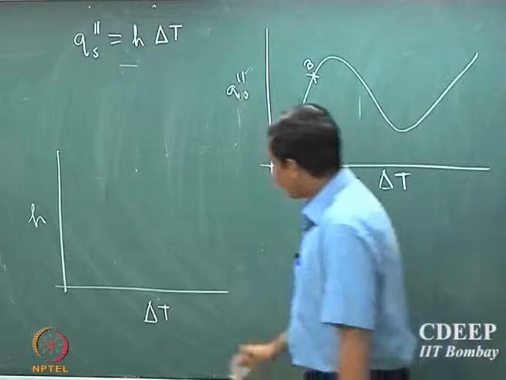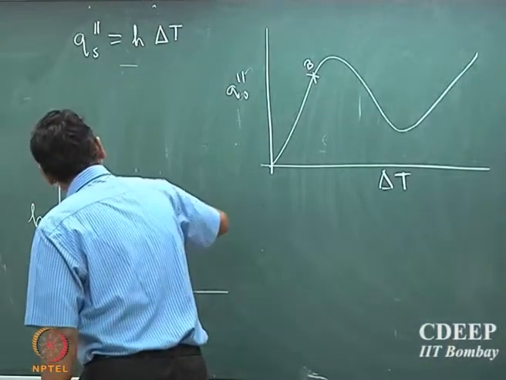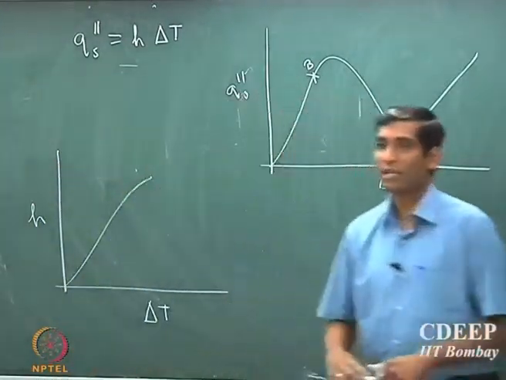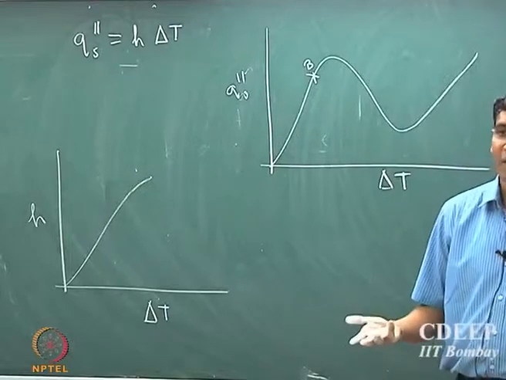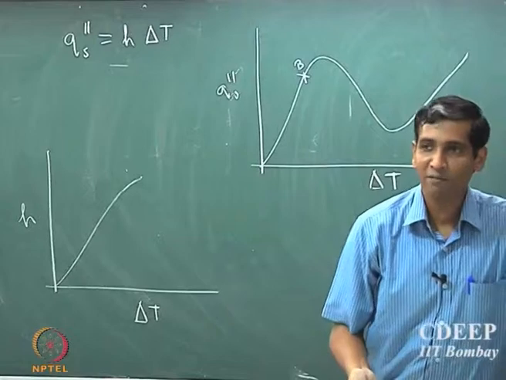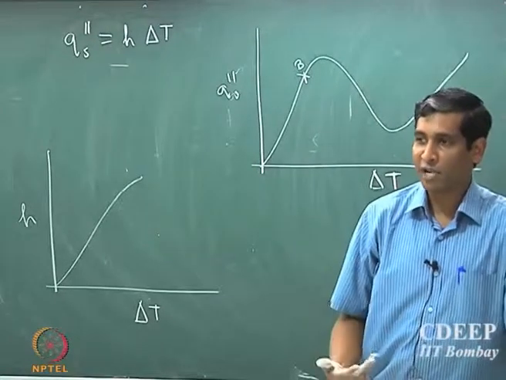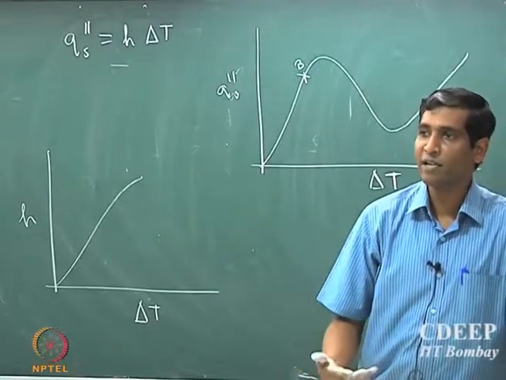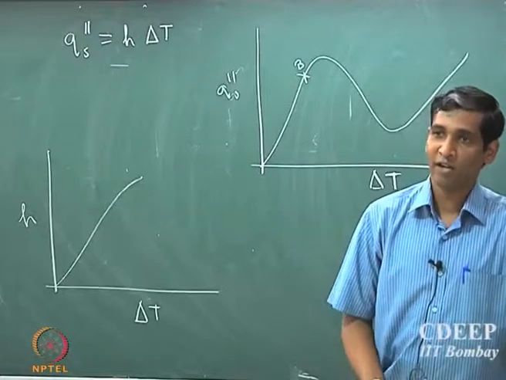up to the inflection point, the heat transport coefficient will continue to increase. The physical mechanism is that primarily liquid is still in contact with the surface, which has a higher conductivity, and therefore it enables higher heat transport up to that location.